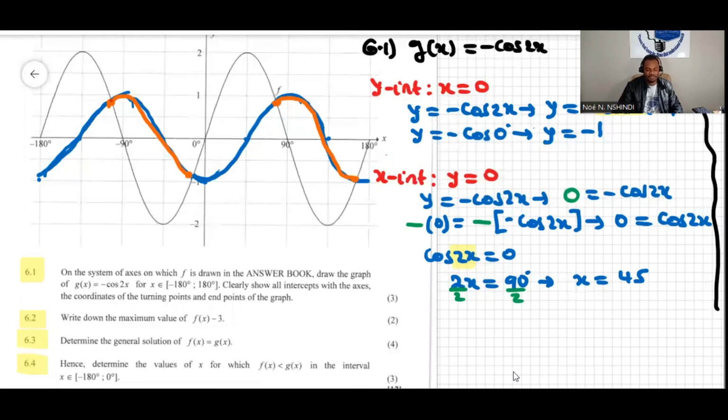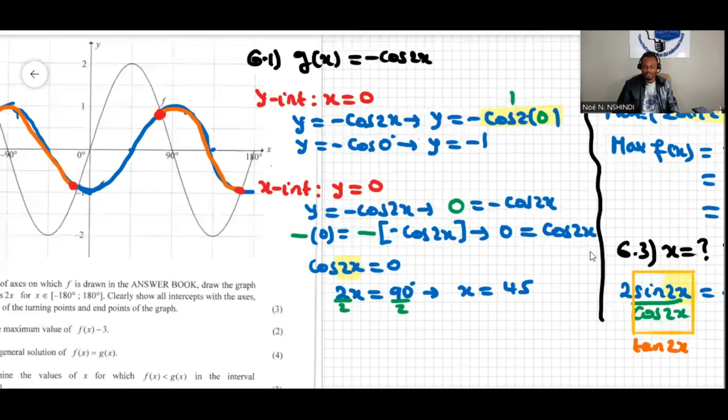So from there to that point, it means they're equal at the point of intersection. They're equal here at this point of intersection, and those are the very points which will determine the boundary over which f of x is lesser than g of x.